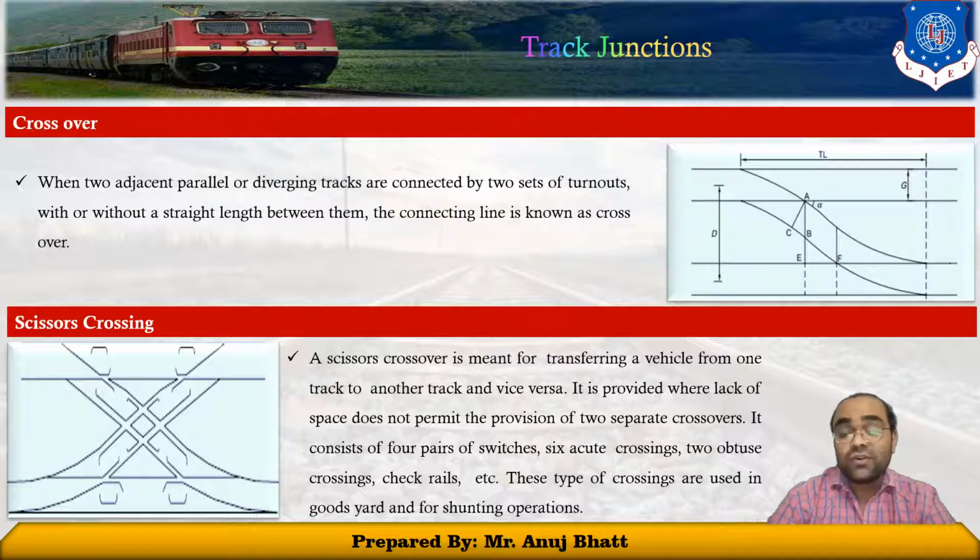It consists of 4 pairs of switches, 6 acute crossings, 2 obtuse crossings, check rails, etc. This type of crossing is used in goods yards and also for some shunting operations. It is provided only when two separate crossovers cannot be provided, and in such places we can use this scissors crossing.